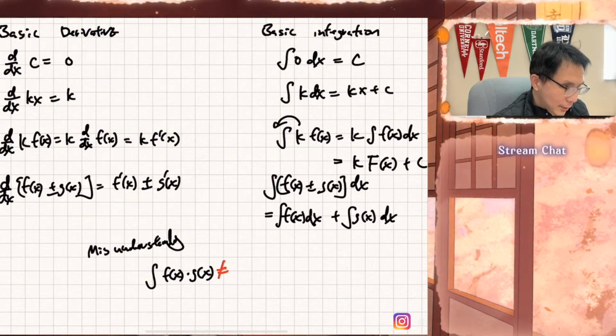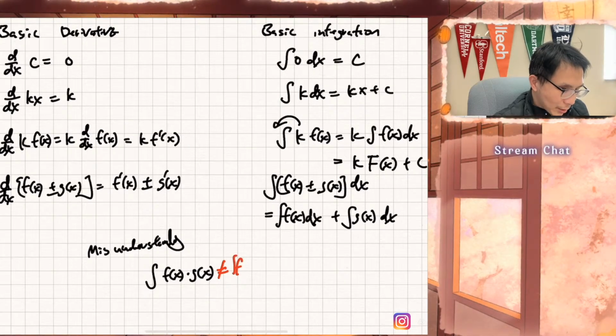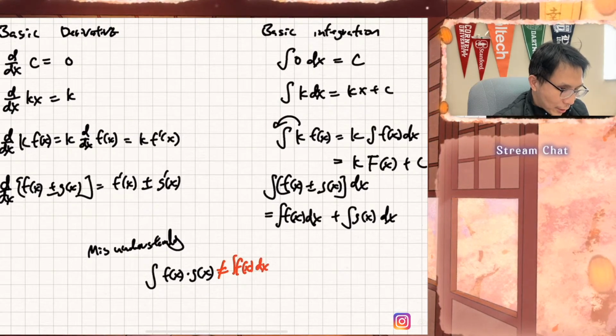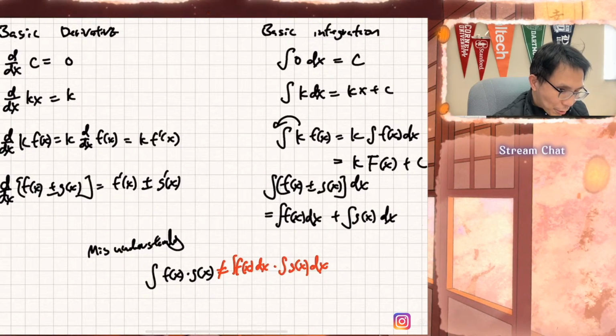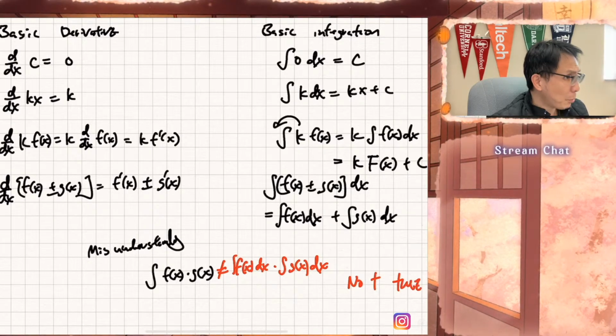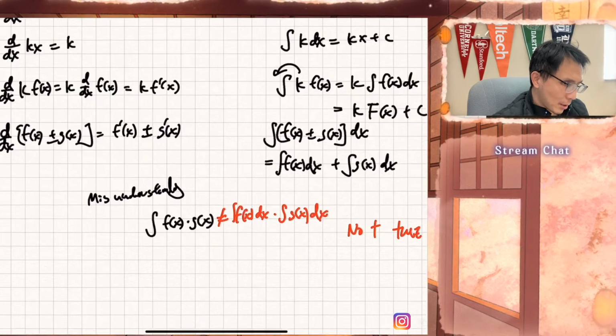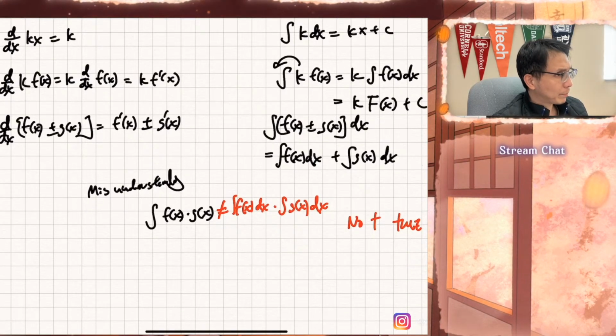If you ever did this, that's for sure wrong. You're going to tell your friend, no, you cannot do that. You cannot just say integration of this times integration of g of x. Not true at all. And people have every tendency to do it. It just doesn't work.